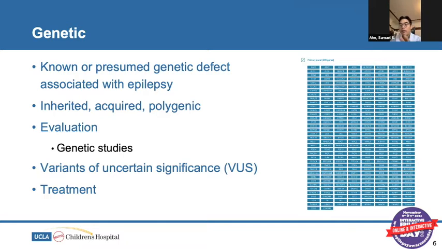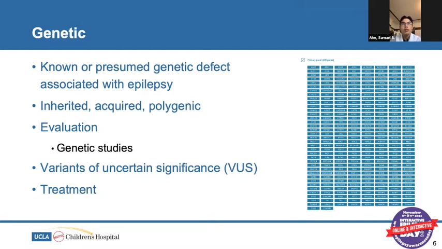So with inherited cases of genetic epilepsy, there may be a preceding family history of epilepsy. And even when we see a patient with epilepsy, if there's a strong family history, we may be able to make a presumed diagnosis prior to getting any other studies.